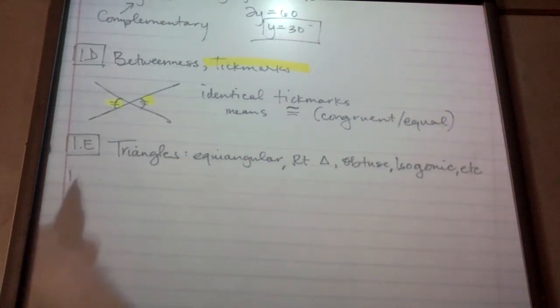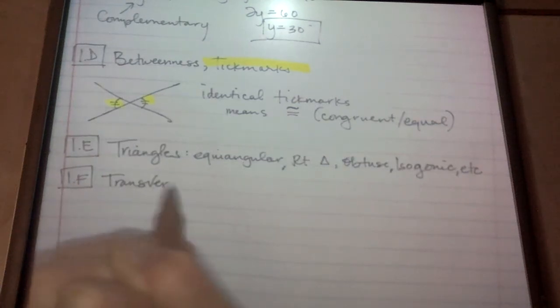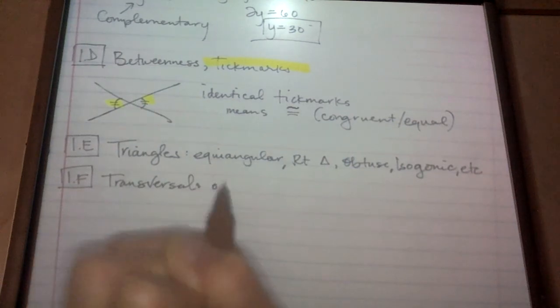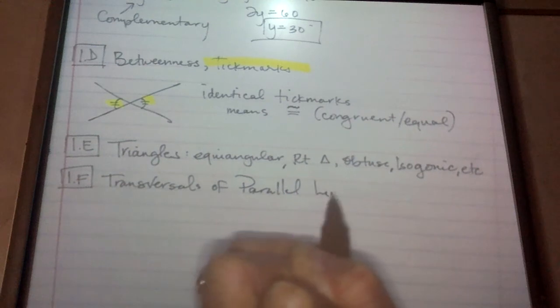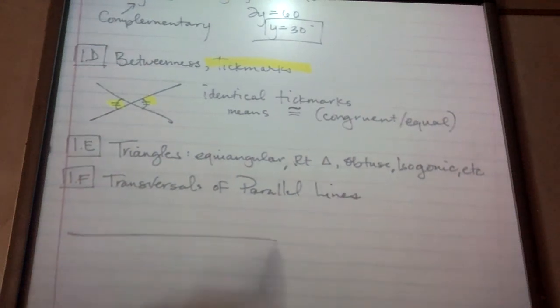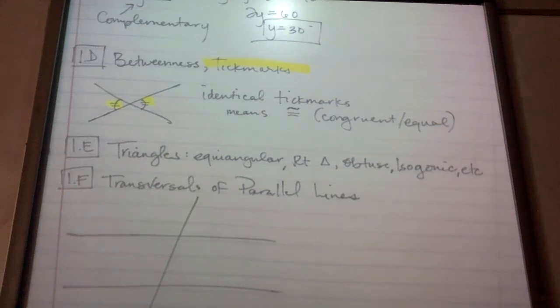1.4, though, goes over a big topic in geometry called transversals of parallel lines. Okay, so if I have two lines cut by a transversal, I'm going to move this up.